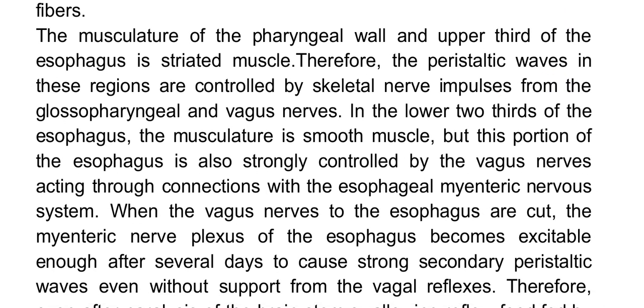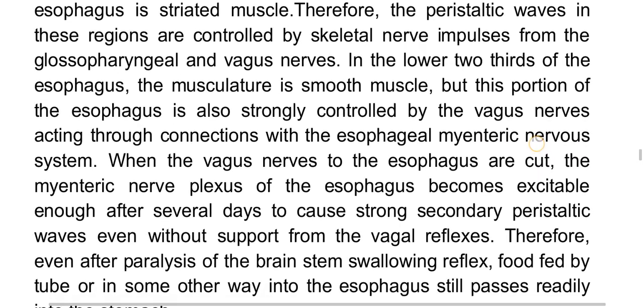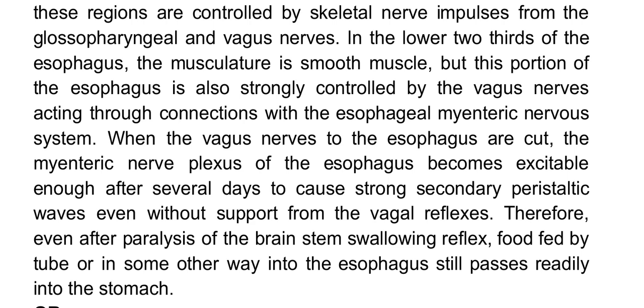The musculature of the pharyngeal wall and upper third of the esophagus is striated muscle. Therefore, the peristaltic waves in these regions are controlled by skeletal nerve impulses from the glossopharyngeal and vagus nerves. In the lower two-thirds of the esophagus, the musculature is smooth muscle, but this portion of the esophagus is also strongly controlled by the vagus nerve acting through connections with the esophageal myenteric nerve system.